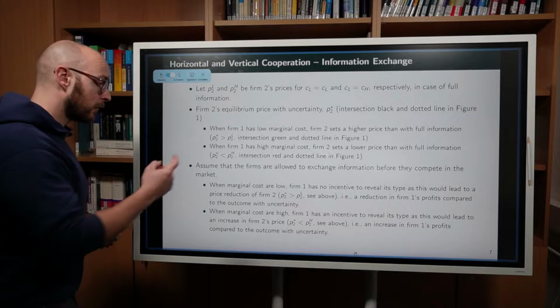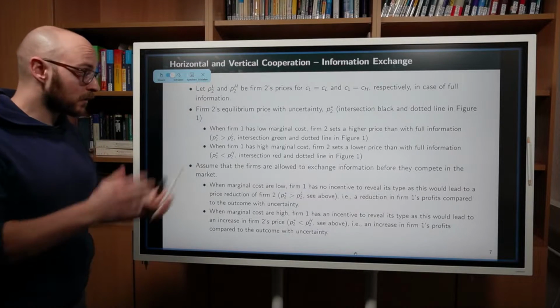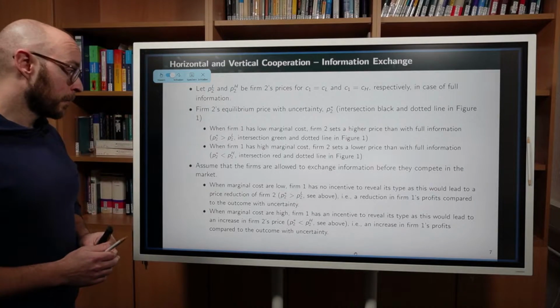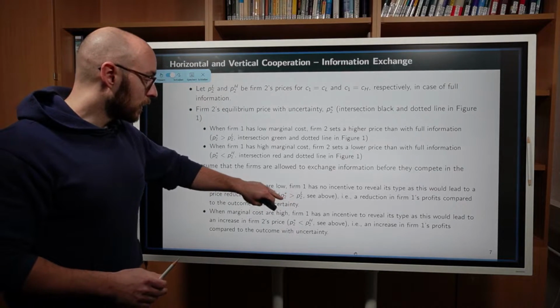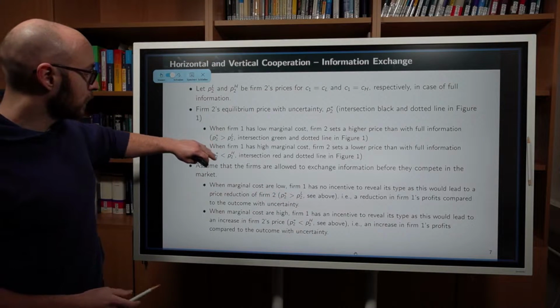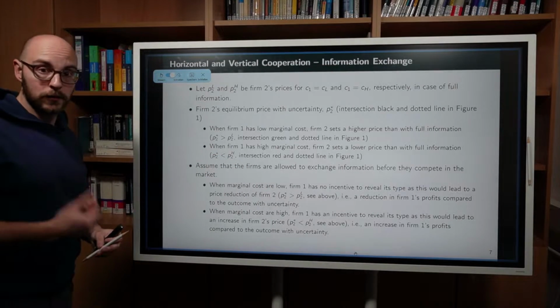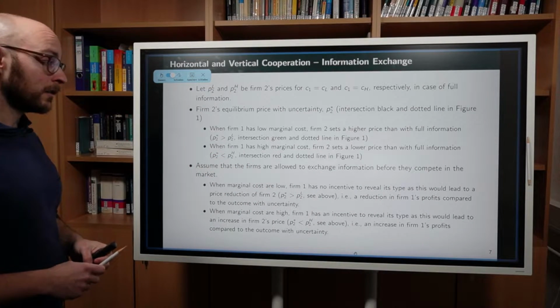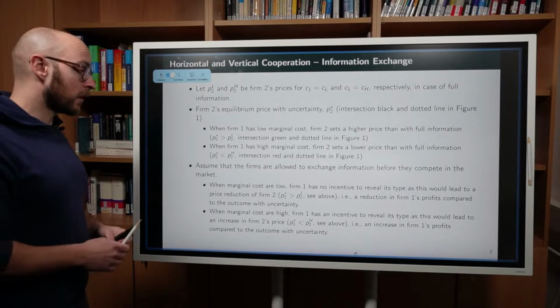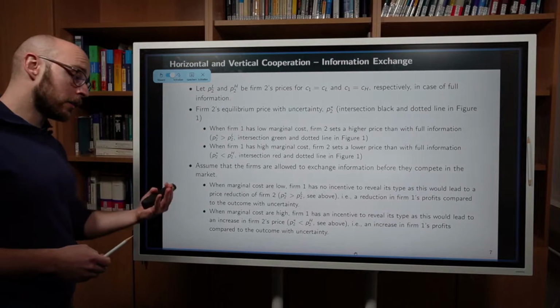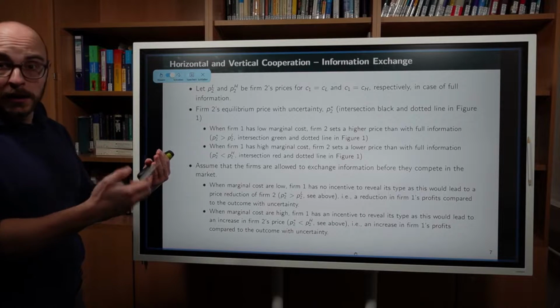So it's better for firm 1 if firm 2 believes that marginal costs are high. Why? Because the price would actually decrease if firm 2 knew the true type of firm 1. That's detrimental to firm 1, as we know that prices are strategic complements. So the higher the price of firm 2, the better it is for firm 1.